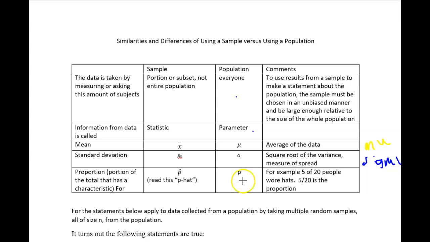Now, proportion or probability or percent of the population, that's what we use P for. When we did probability distribution tables, the probability of getting 2 heads when you flipped a coin was P of 2. For a sample, we use P with a little hat on it, and we literally read that as P hat. That looks so fancy, everybody gets thrown off. That is just the probability.